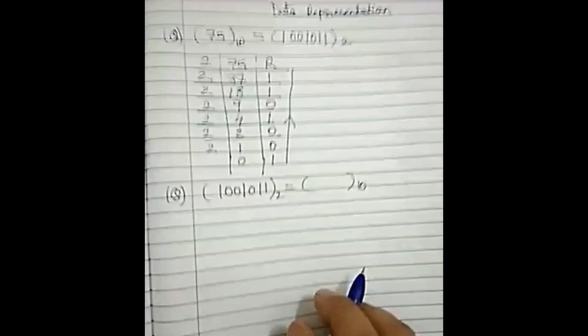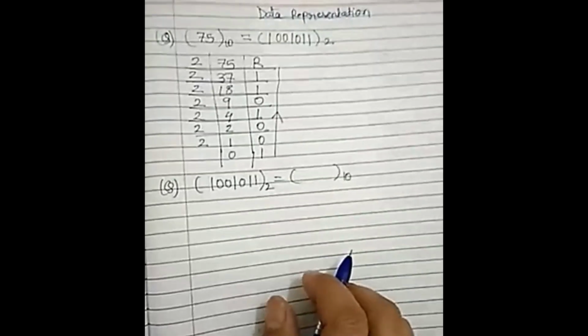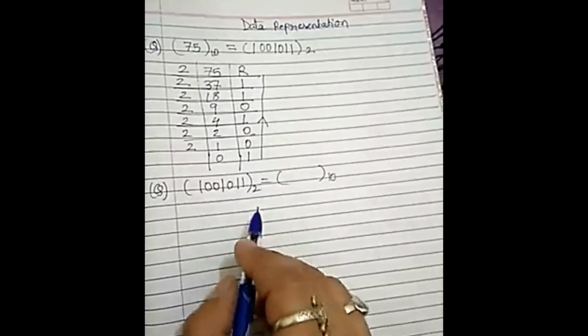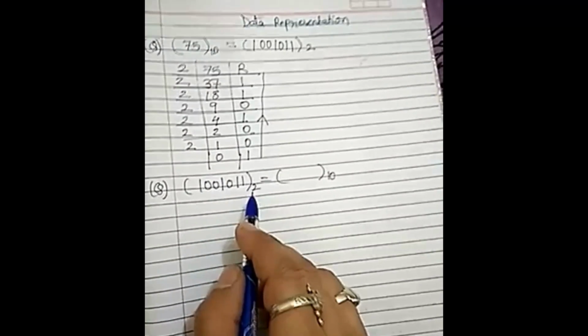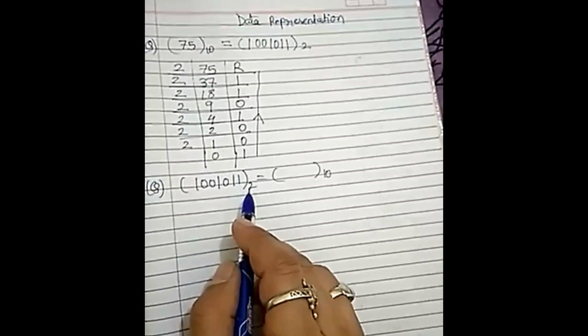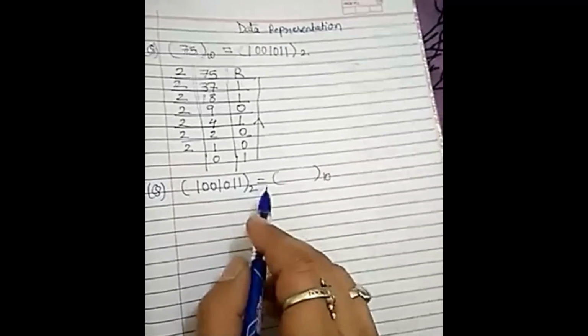For this, the method is that we have to multiply the digits of the binary number by 2, but now the power will be different. So how to calculate the power?